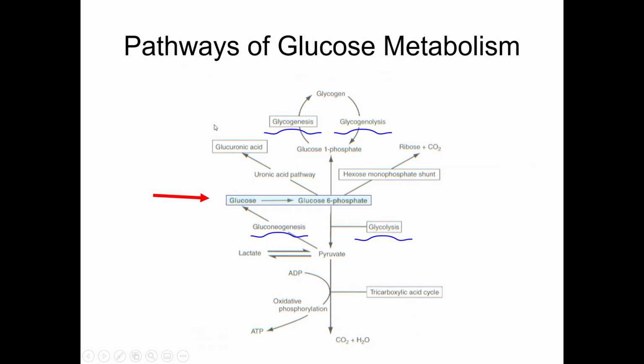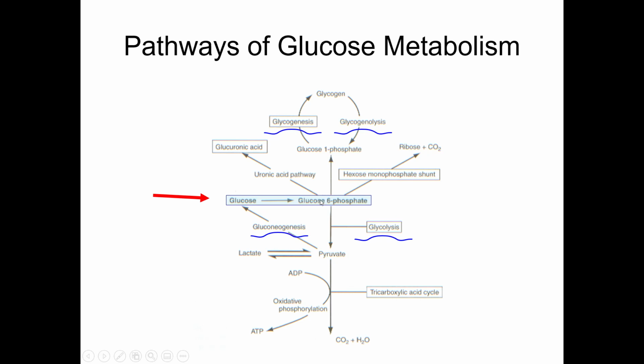If we start with glucose here, glucose comes into the cell and is converted into glucose 6-phosphate. Once it's converted into glucose 6-phosphate, it's trapped inside of the cell, so that's how we get glucose to stay inside of the cell. Glucose 6-phosphate then has multiple pathways that it can take depending on the needs of the body.